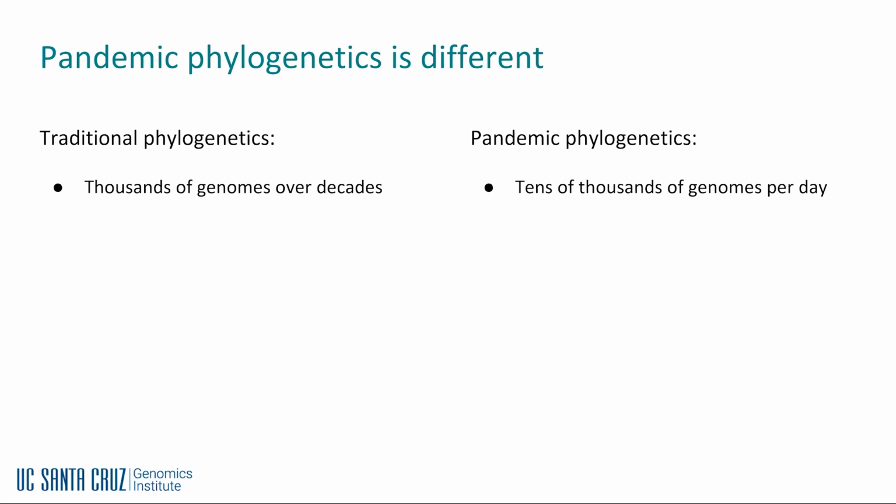But first, I'd like to highlight some important differences in phylogenetics for non-pandemic viruses versus exploding pandemic viruses. For many human pathogens, we might have a few thousand sequences in GenBank that have been sampled across decades.